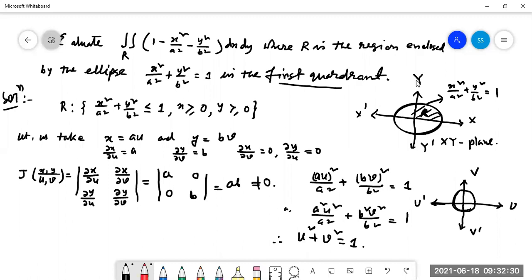It is nothing but a circle in the uv plane, whose equation is u square plus v square equals 1. It is the uv plane, na? Clear? After the transformation x equals au and y equals bv, it is coming into the uv plane and it is given as a circle. When it is a circle, then we have to use the polar form of the circle, isn't it?